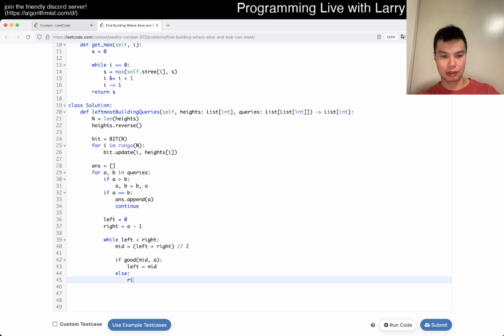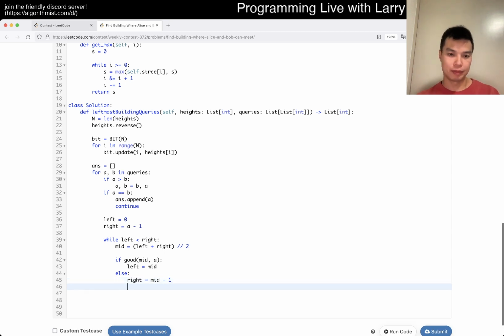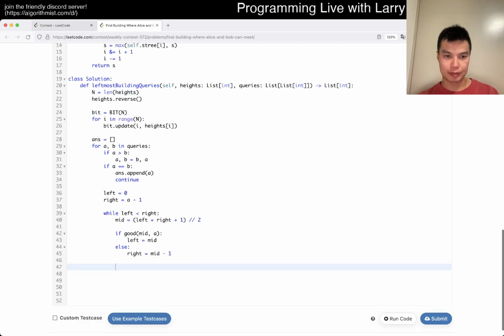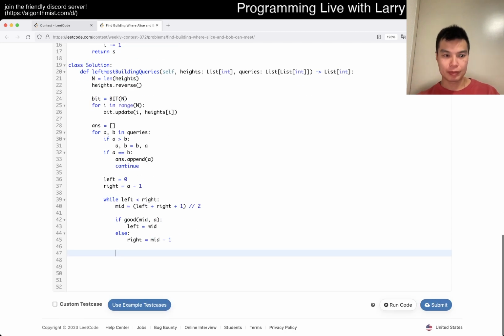Okay, no, that's right. But is it mid or mid minus 1? Well, mid could be no good, so right. And then if that's good, we check left.